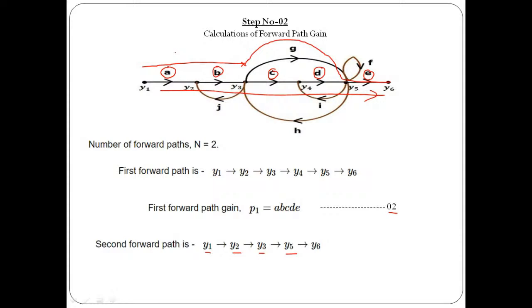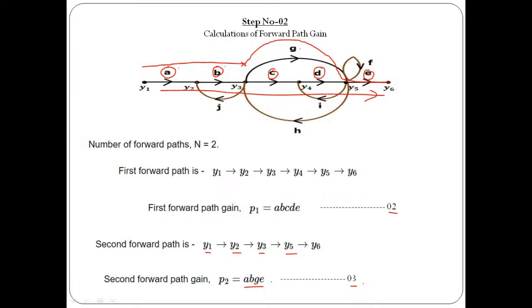It is simply the product of the gains of the branches responsible for its formation. So it is A multiplied by B multiplied by G multiplied by E. So P2 is going to be A, B, G, E. That will be your equation number 3.